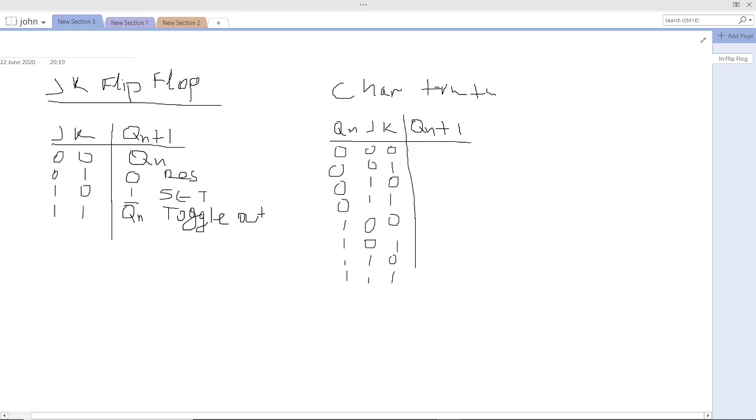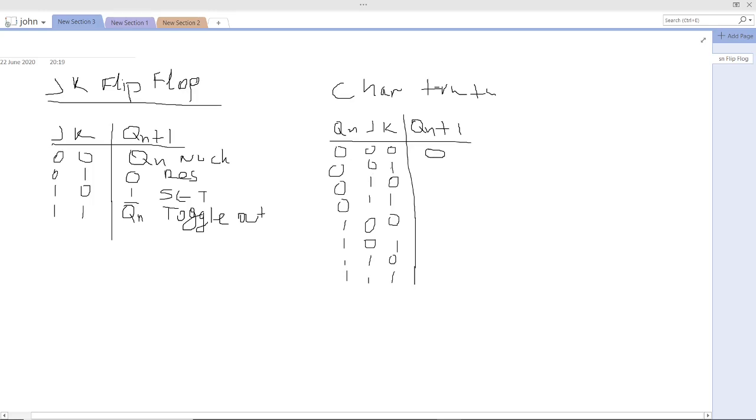In order to find the output here, you're going to look back. When JK is equal to 0, 0, you have the memory, so no change, and the output will be equal to Qn, so it will be 0.